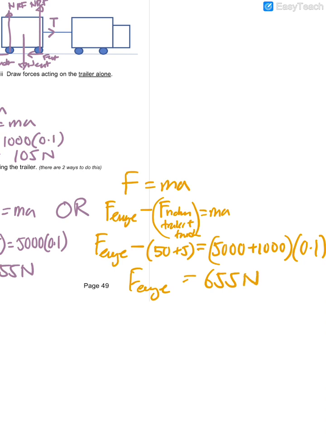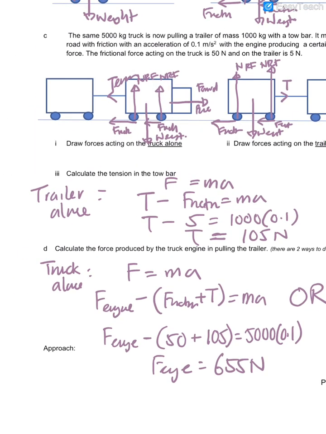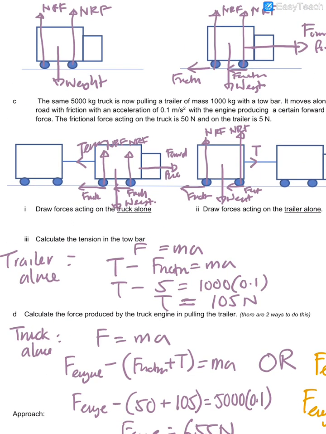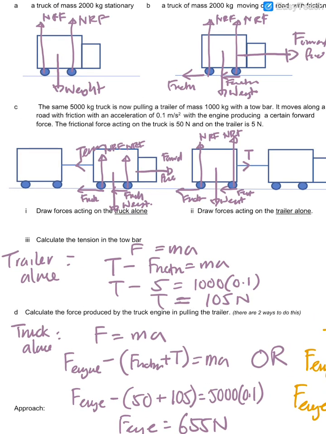So this is definitely harder than what you've done before, but since we build up over a series of questions, you see that actually it's not that bad. So the whole idea to solve this kind of question, you must be able to see what's acting on the truck, the trailer, the whole system, and draw the forces. If you cannot draw the forces, then don't say you cannot do it.